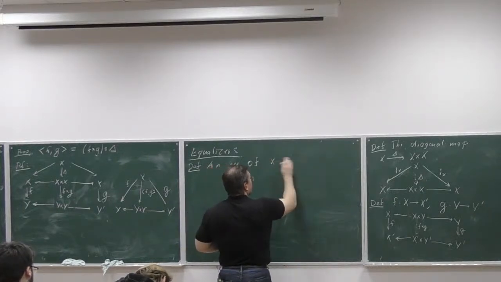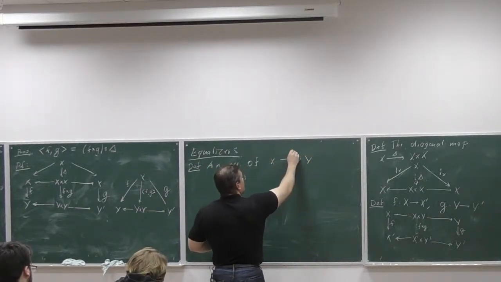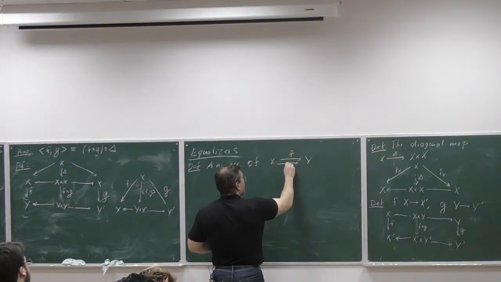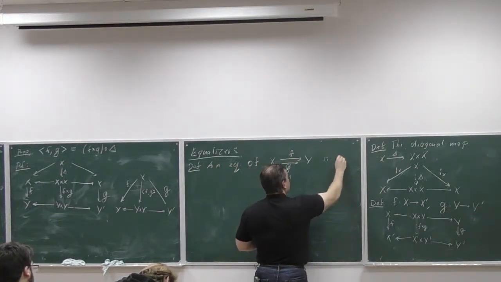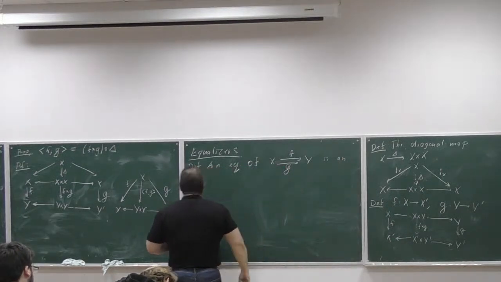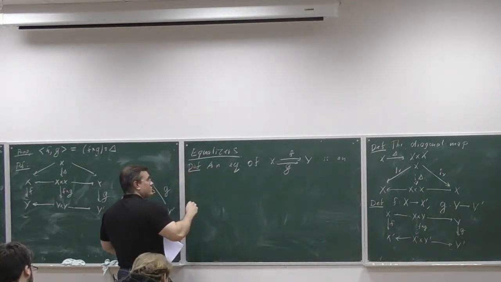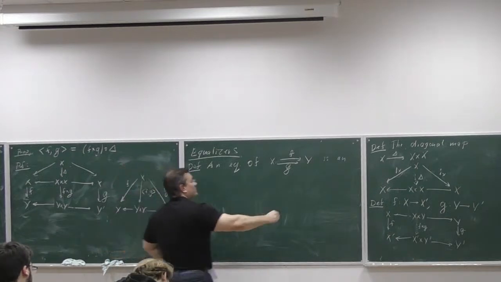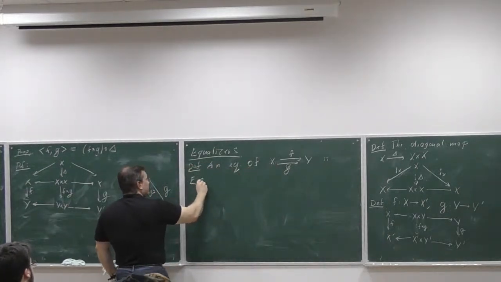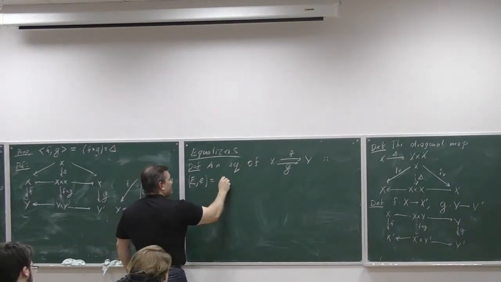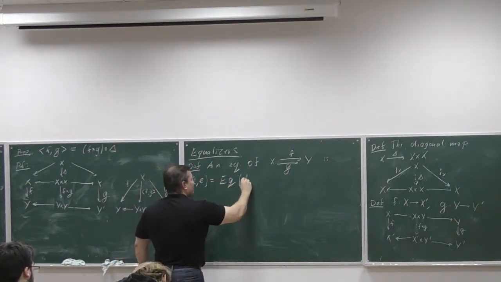So I have X and Y objects and two maps F and G. So an equalizer is an object, well, actually, again, object and projection, so it is a pair. Let me say a pair of an object and a map. And notation for this is EQ of the pair F and G.